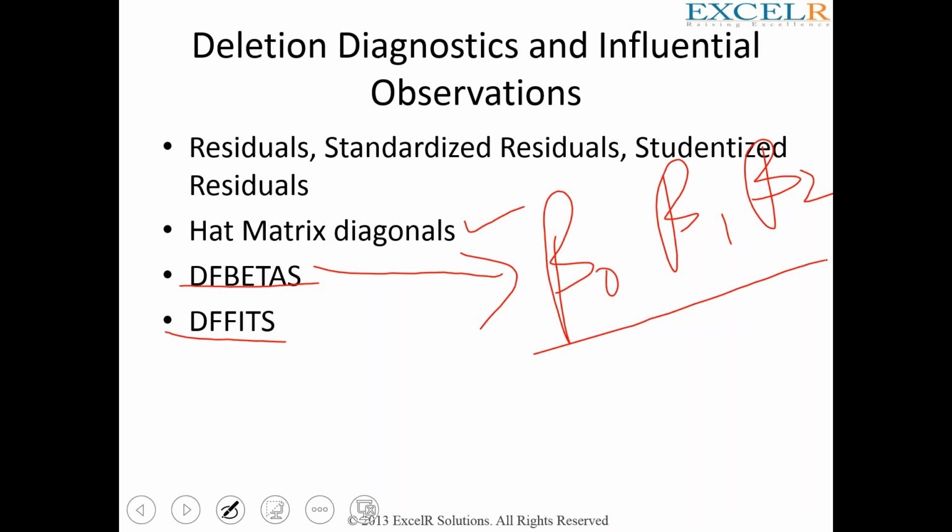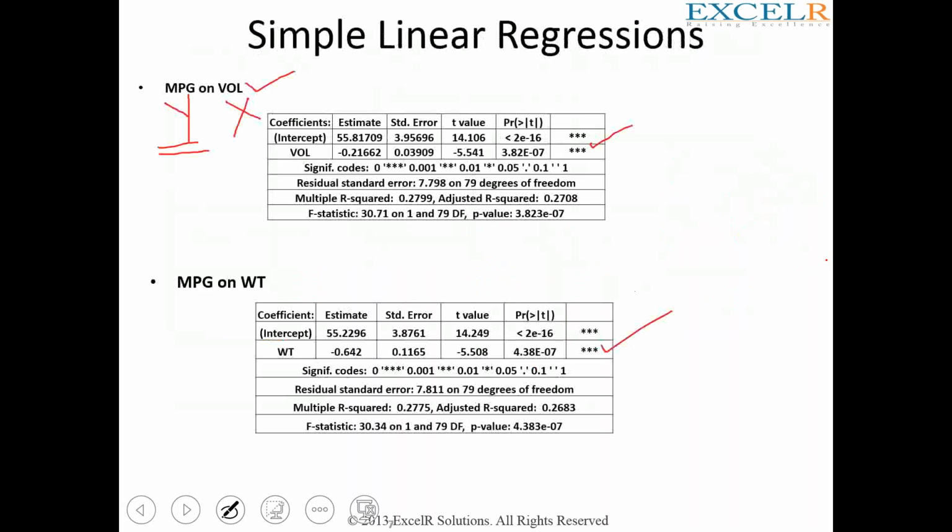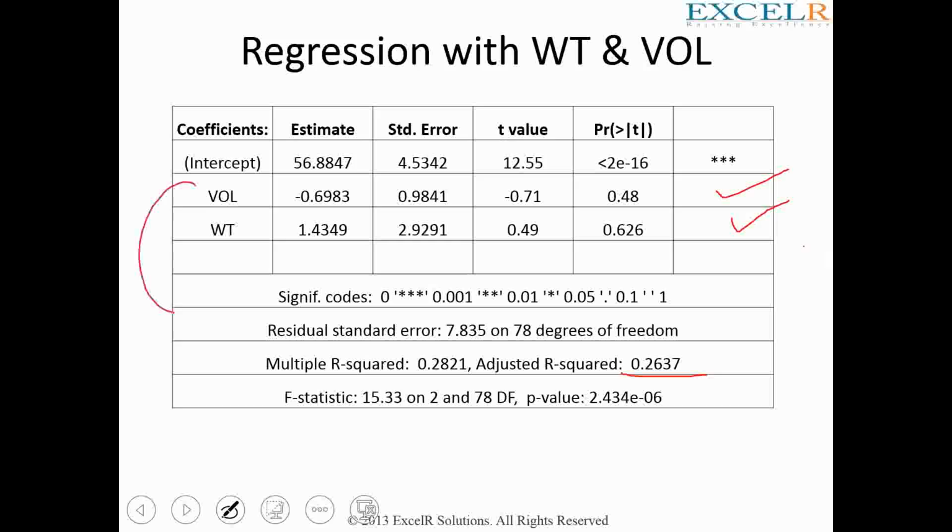What does that mean? Say you have volume or weight of vehicles. This weight is called a variable. What I do in DFBETAS is calculate beta naught, beta 1, beta 2 and all that even before deleting any variable.